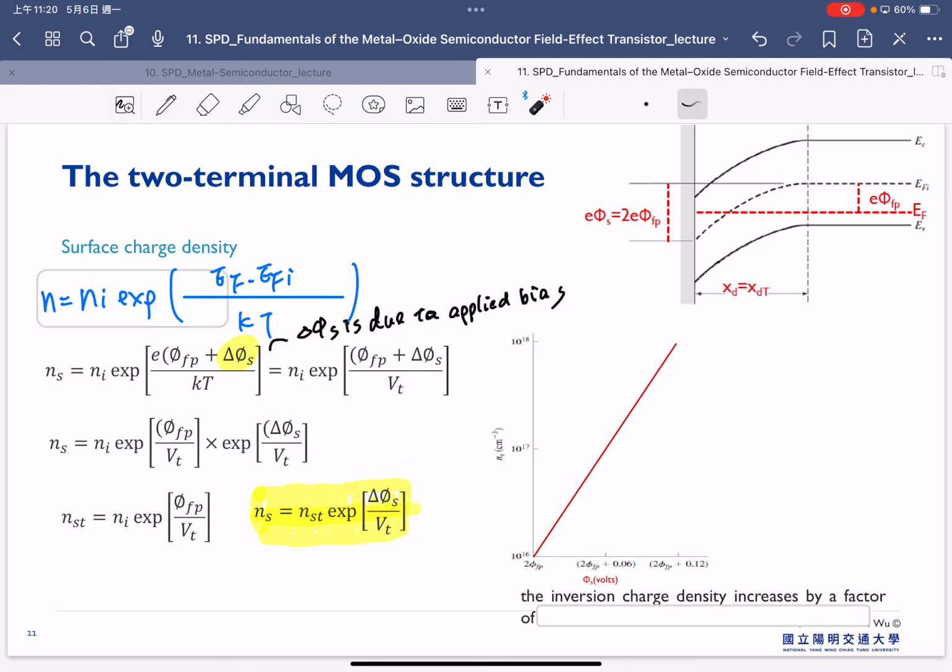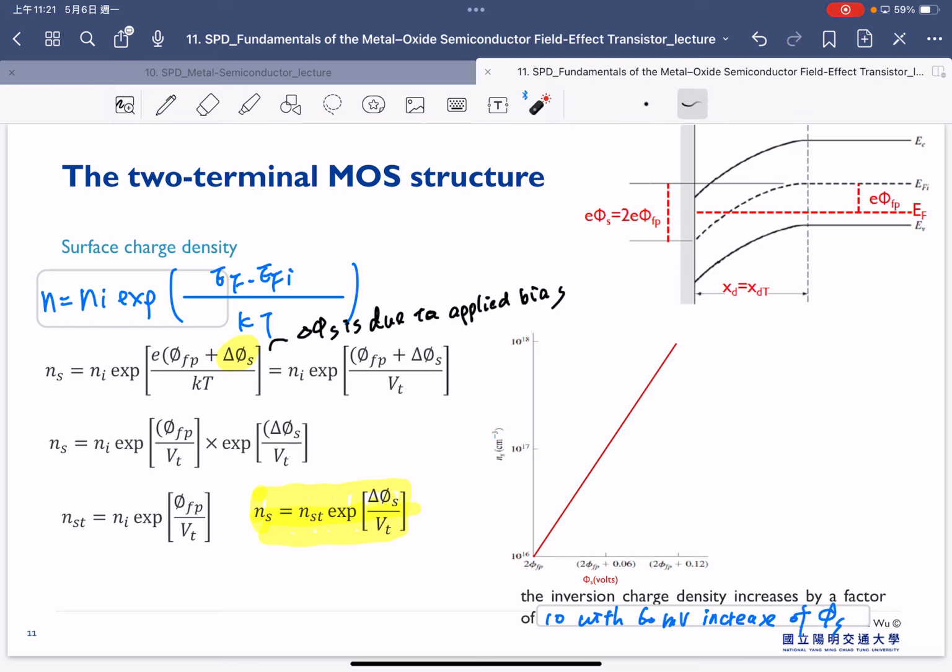And the important thing is here, the inversion charge density increases by a factor of 10 with a 60 millivolt increase of phi_S.